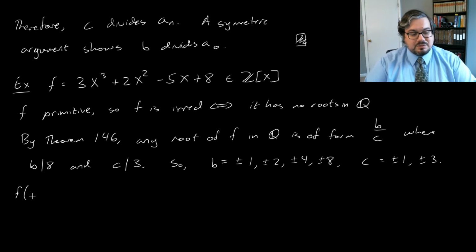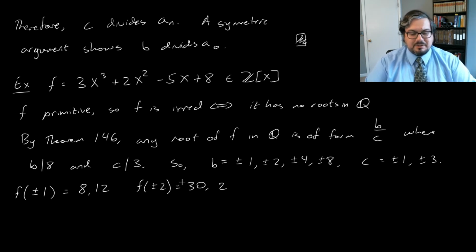So for instance, we could take b to be 1 and c to be 1, or we could take one of them to be -1. So we could take f of plus or minus 1. It turns out that f of 1 is 8 and f of -1 is 12. And really all we're checking here is to see that they're non-zero. So we could take b to be 2 and c to be 1, and then plus or minus that. That gives two non-zero numbers.